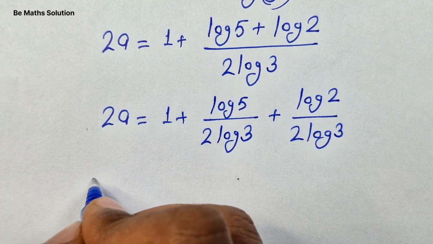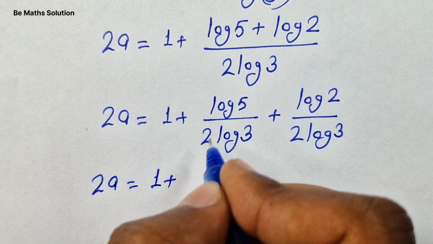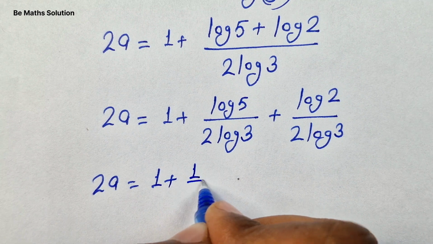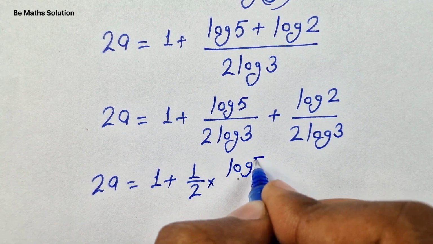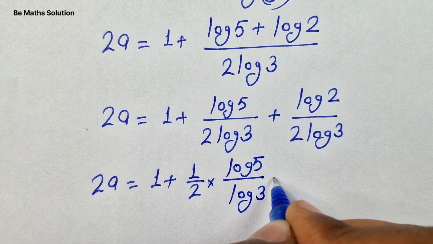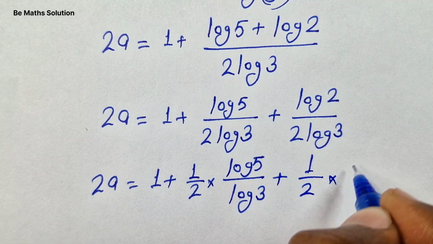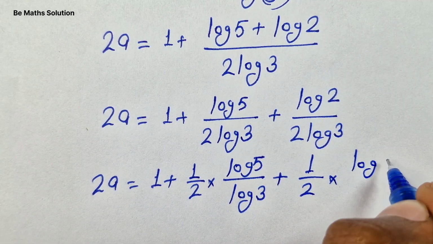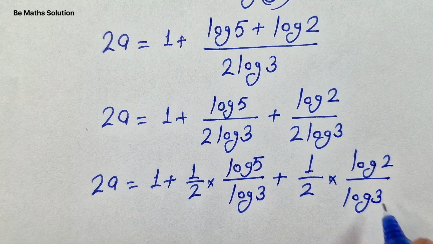Then 2a is equal to 1 plus 1 divided by 2 times log of 5 over log of 3, plus 1 by 2 times log of 2 over log of 3.